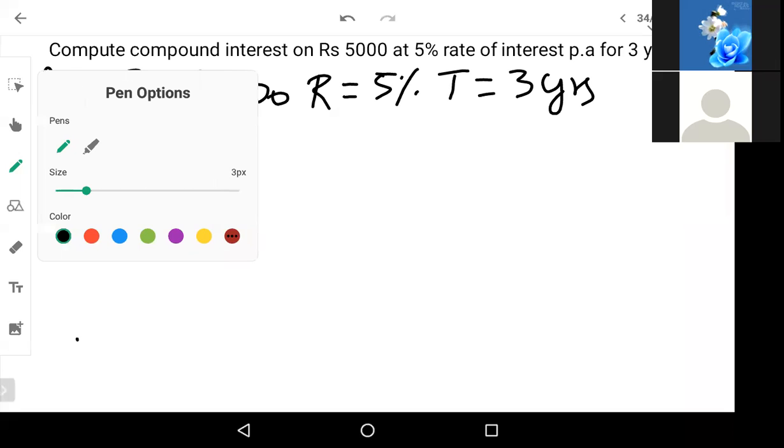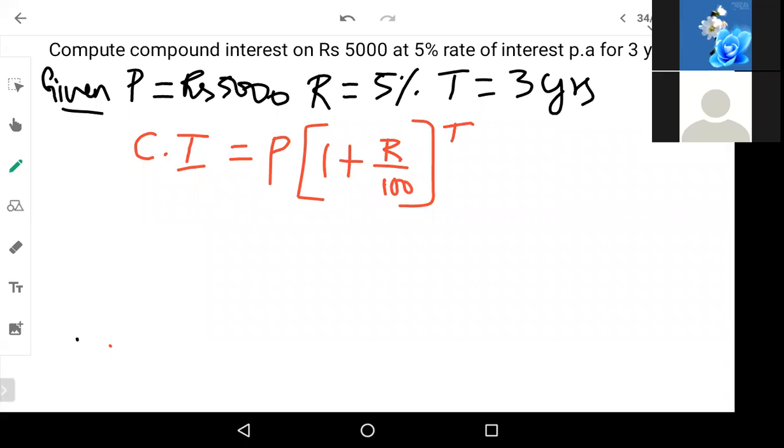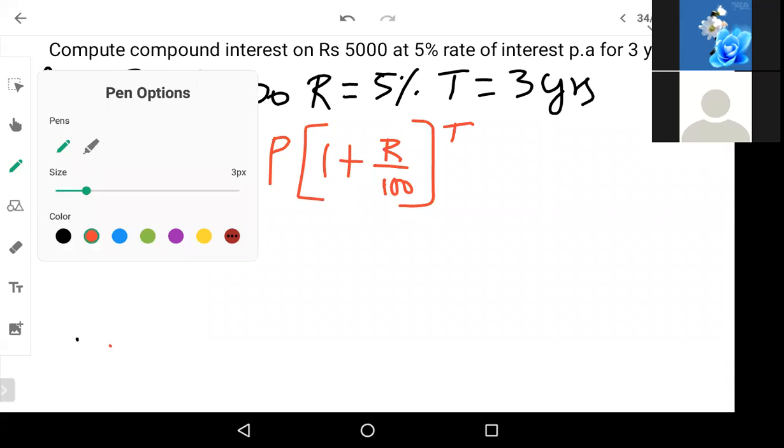Now coming to the formula of compound interest, please write the formulas in the problem. In every problem that you solve, if there is a formula involved, please write the formula. So compound interest is equal to principal into 1 plus R by 100 to the power T. This is the formula.